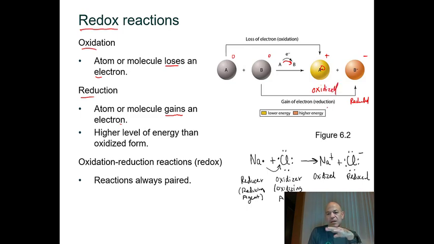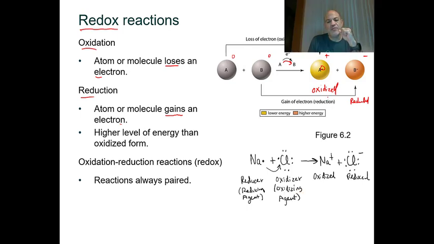And so this kind of oxidation reduction is pretty easy to follow if we use the simple modeling that we saw back in chapter 2, where we draw dot structures. We draw dots just to represent the valence electrons, right? And so here, if you have sodium, it's a metal that has only one valence electron. And chlorine is in the second to the last column. It's going to have 7 valence electrons. It needs one more to get that octet.